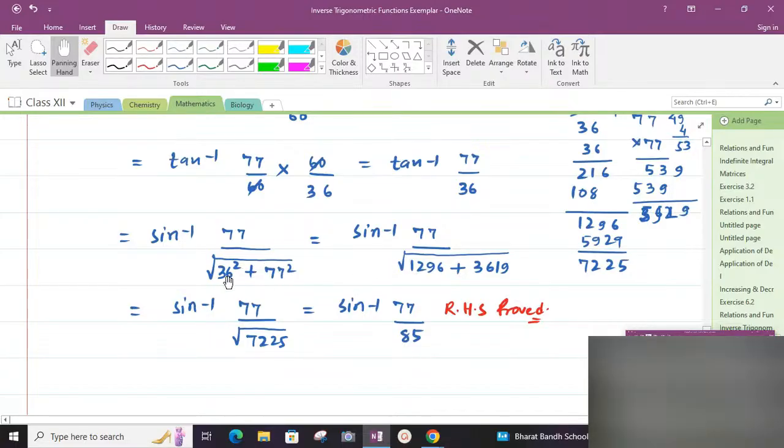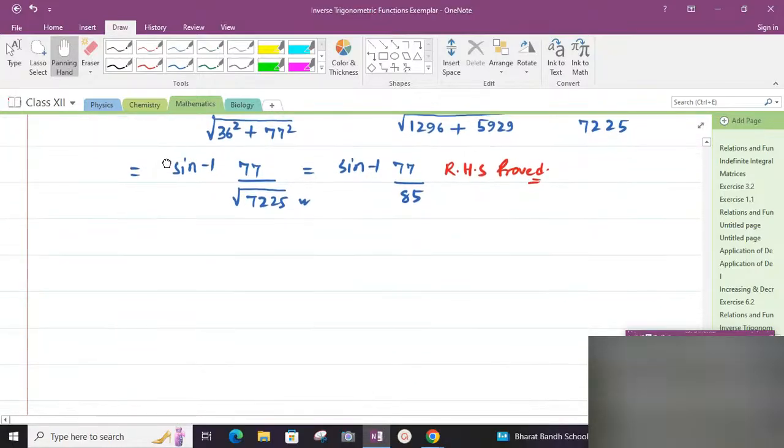So the square of 36 is 1296 and the square of 77 is 5929 and the addition of these two is 7225 and the square root of 7225 is 85. So ultimately or at last we get sine inverse 77 by 85. So this is the RHS proof. Hope there is no problem to understand the solution of this question. Let's see the next question.